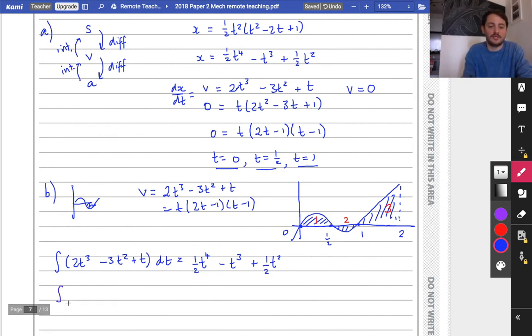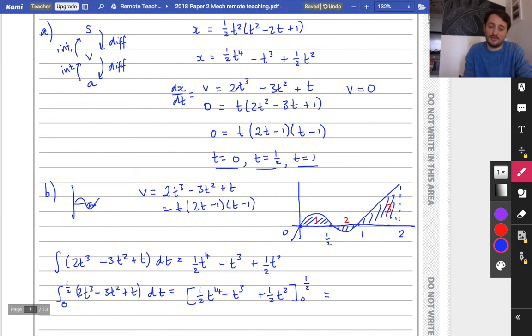So if I wanted to integrate between 0 and a half of this expression, I don't need to integrate it each time because I know that it's just going to be that same thing. I'm just going to be able to say that it is a half t to the power of 4 minus t cubed plus a half t squared, all between 0 and a half. Well, I'm going to substitute a half in here, and then I'll take away substituting in 0.